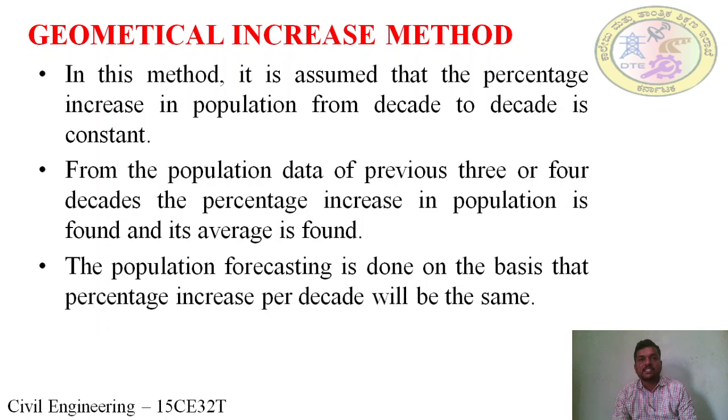From that, we need to find the average percentage increase in population. So in the geometrical increase method, the population forecasting is done on the basis of the percentage increase per decade being assumed the same.